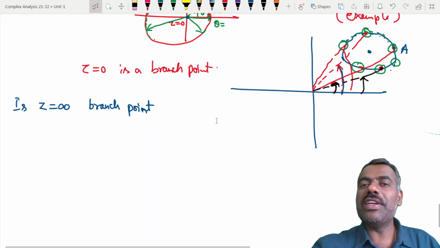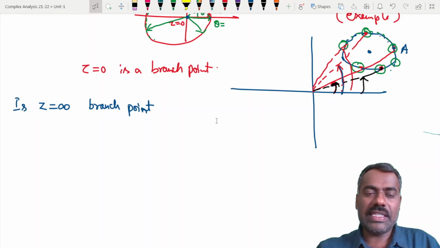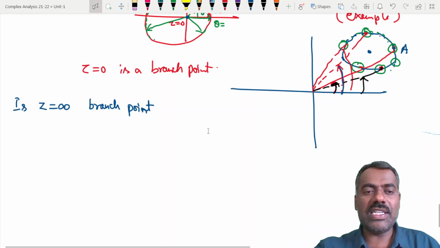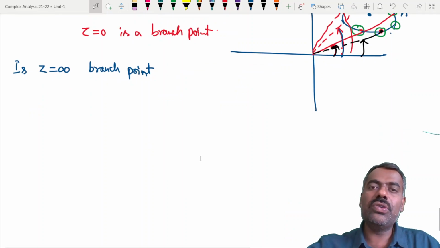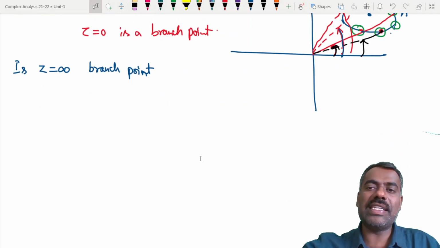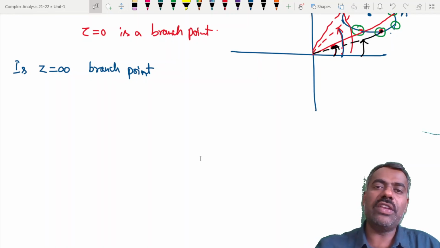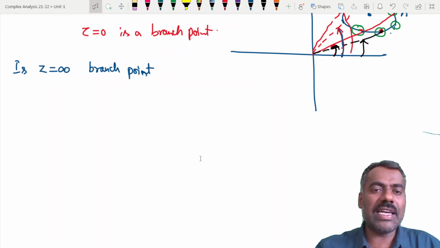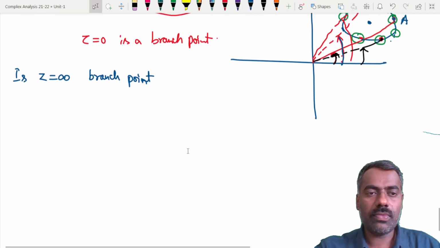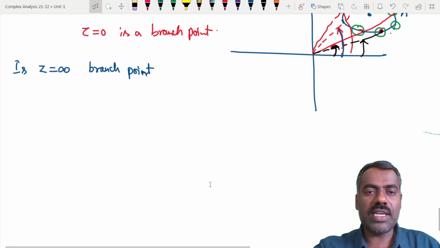Visualizing z is equal to infinity is not easy. So whenever you want to deal with z is equal to infinity, you better take 1 by z and do it for z is equal to 0. That means at z is equal to 0, it corresponds to z is equal to infinity. Wherever you have z, you put 1 by z. Is that clear? Yes or no?